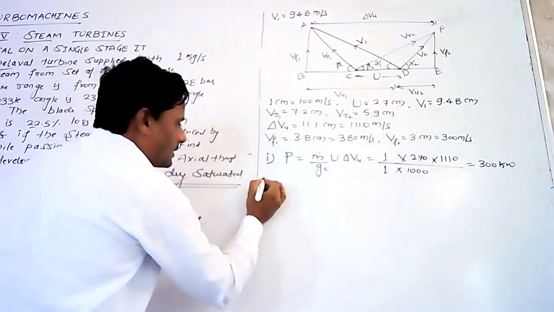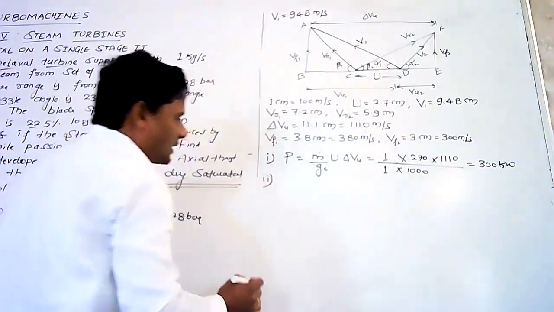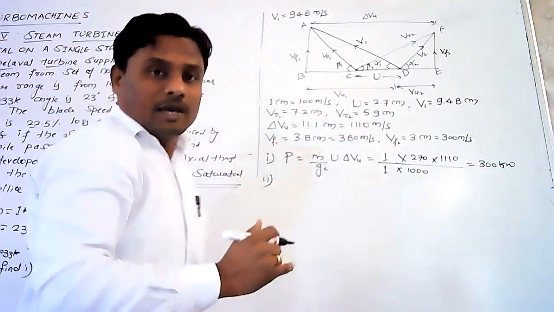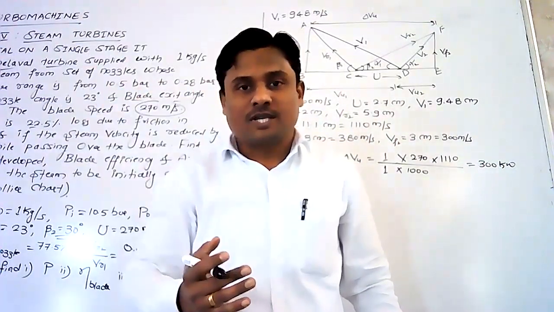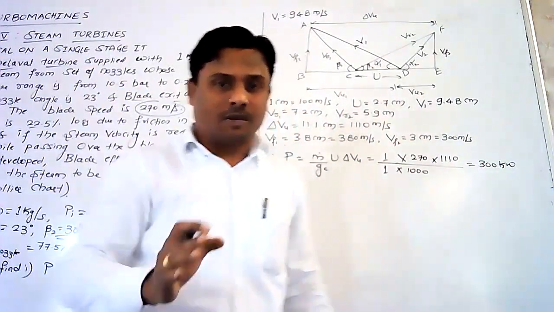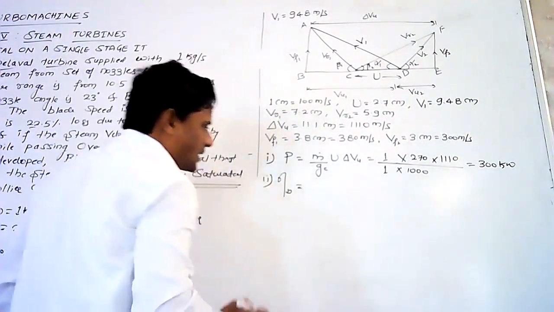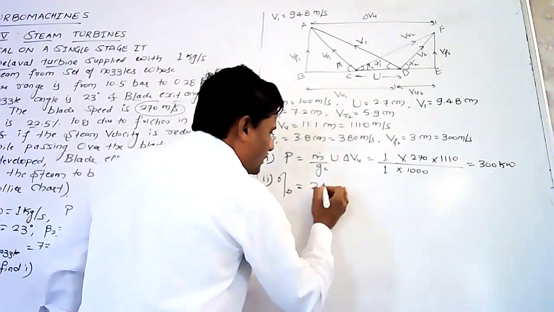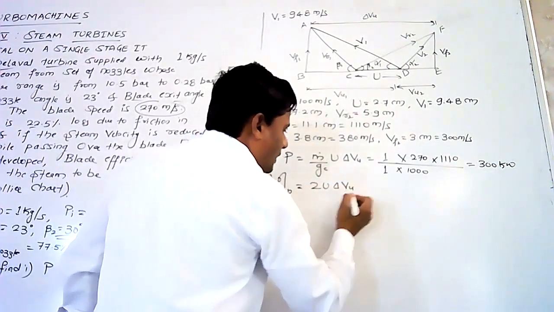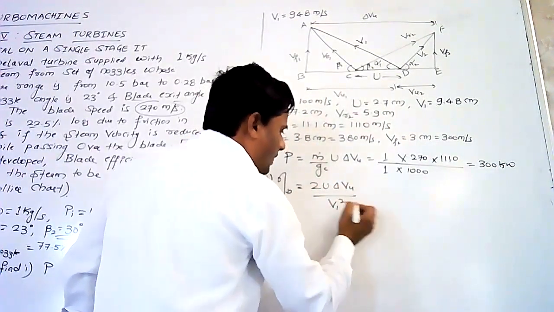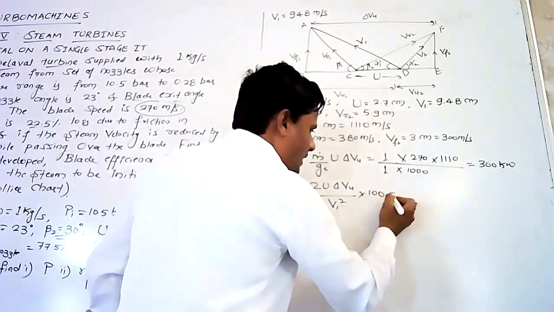Now the second bit asks us to calculate the blade efficiency. It may be given as blade efficiency or diagram efficiency, both are the same. The blade efficiency is given by 2U delta Vu divided by V1 square, multiplied by 100.